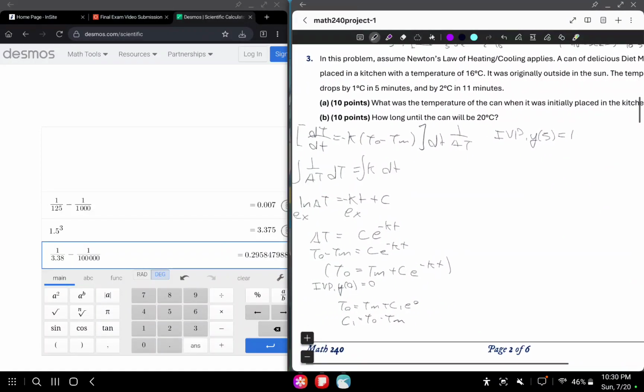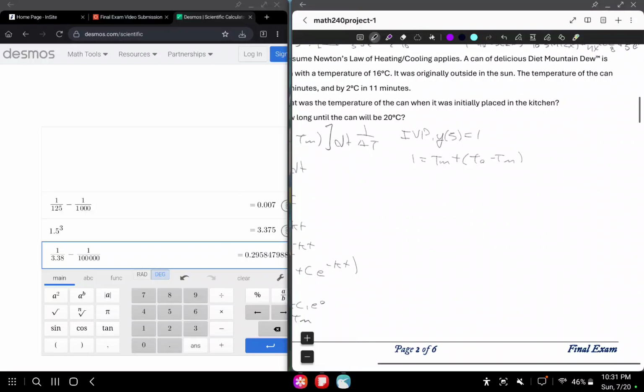So 1 is equal to Tm plus (T0 minus Tm) C e to the negative kt.